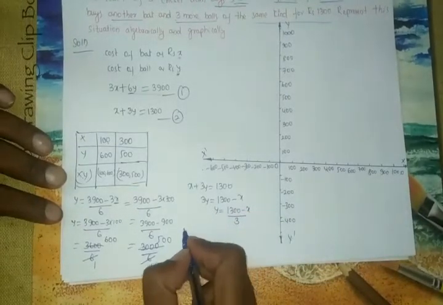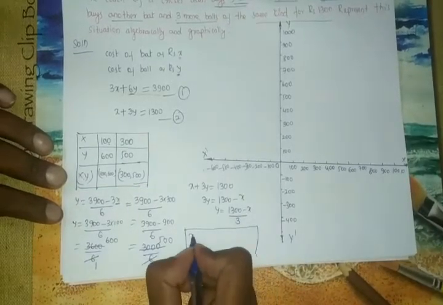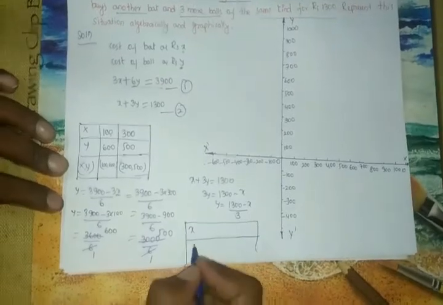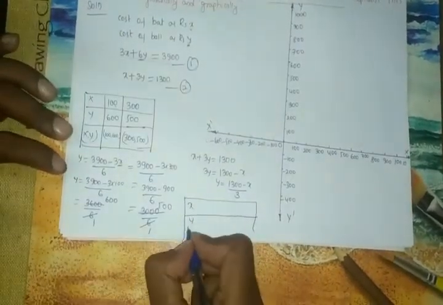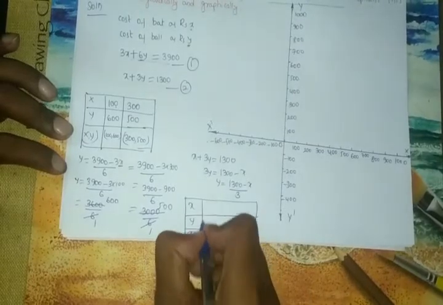Let me draw a table which contains x, y, and x comma y.